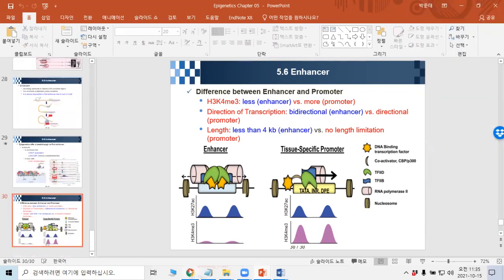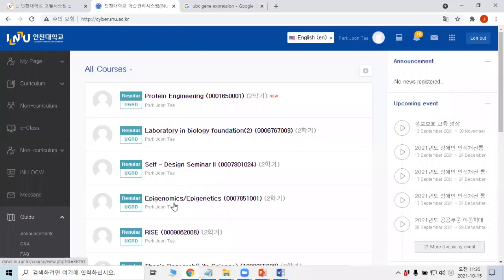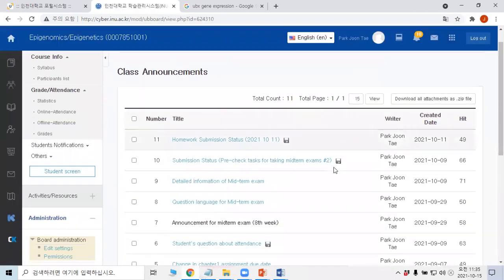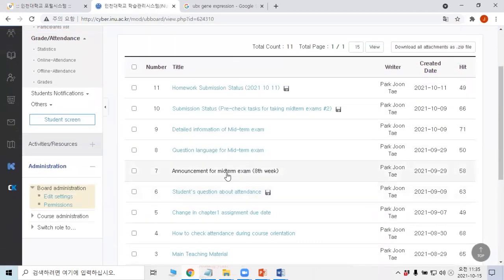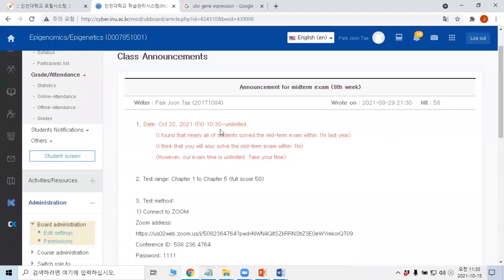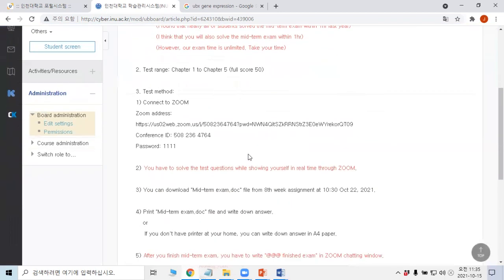We have the exam next Friday. You had better attend the class around 10:25. Don't be late, because our exam will start at 10:30.